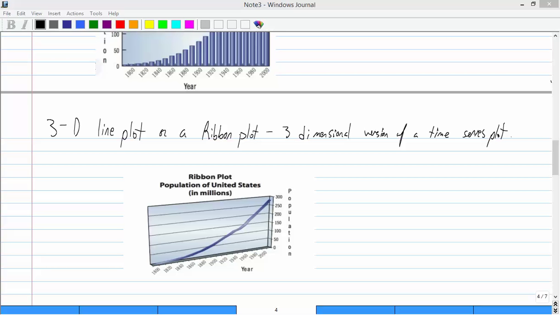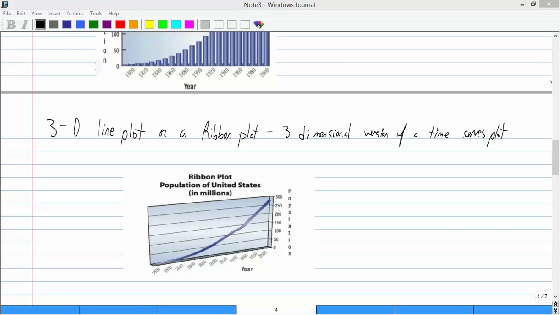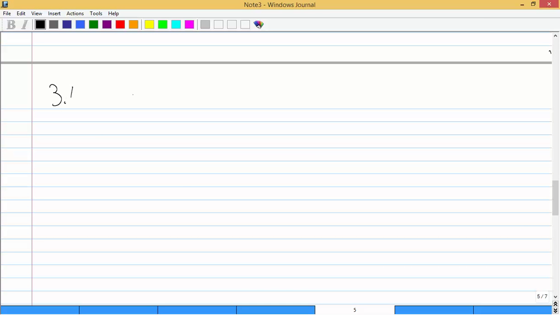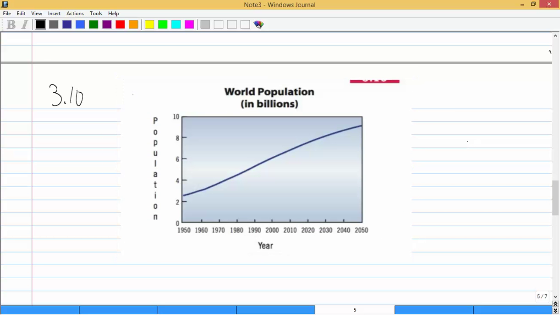There's a chart in your ebook that shows what I'm talking about. Let me pull it up real quick for you. Again, this is 3.10. So you can see from this chart the world population in billions.